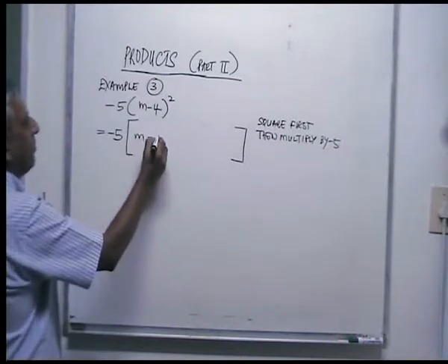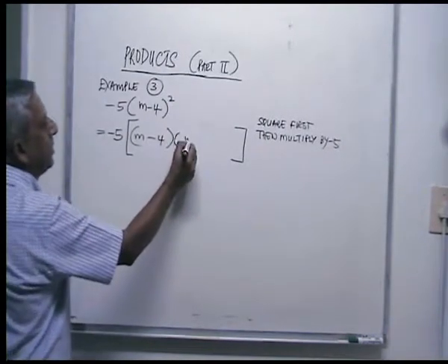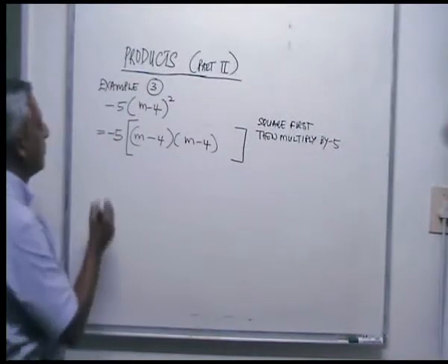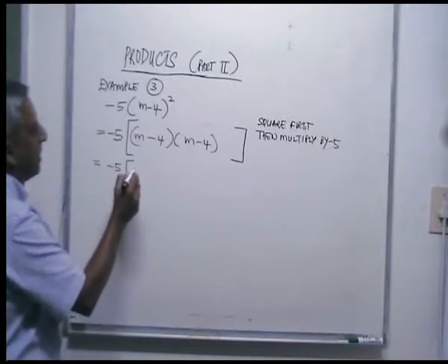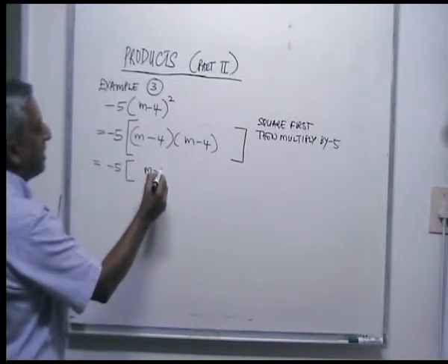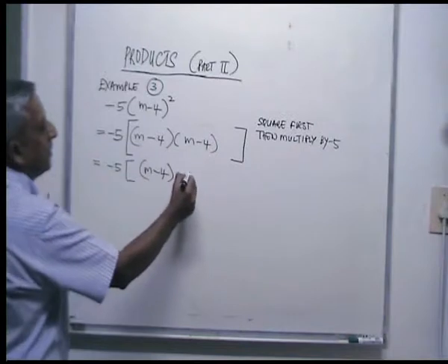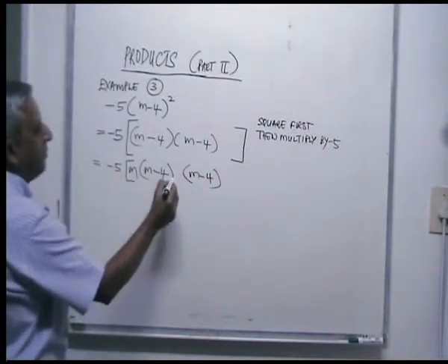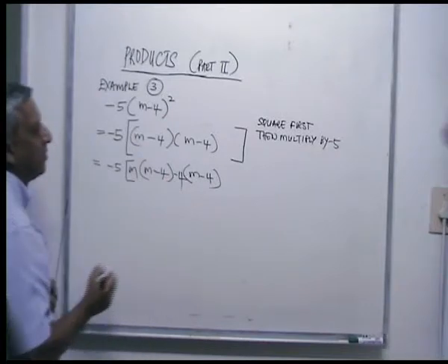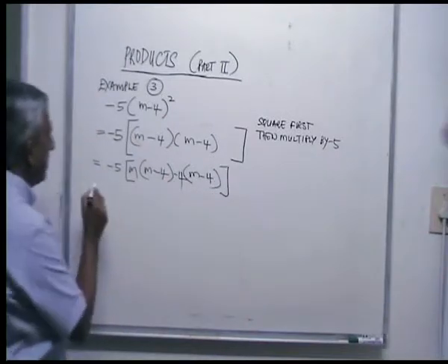So this will really be m minus 4 into m minus 4. So just bring down this minus 5 here like that. So this will be m minus 4, m minus 4, in the front here m, in the middle here minus 4, and then we close it.